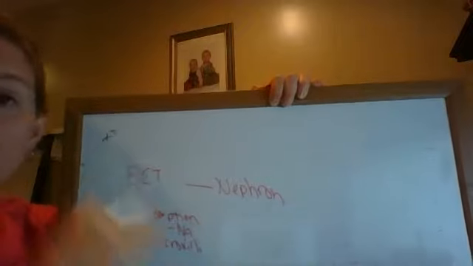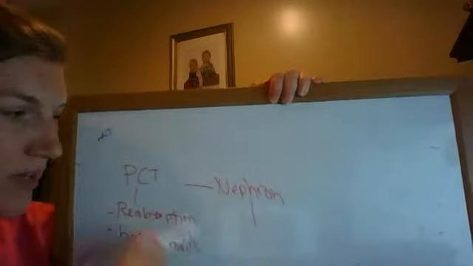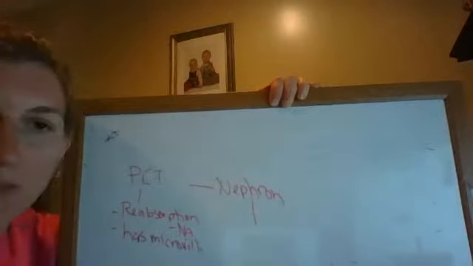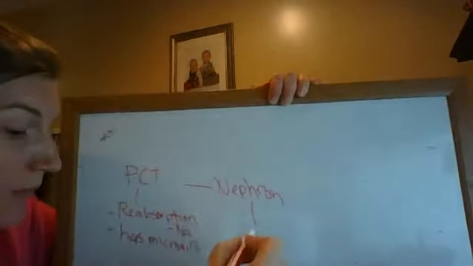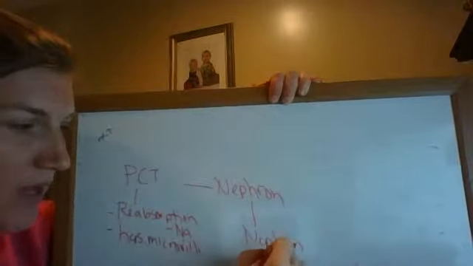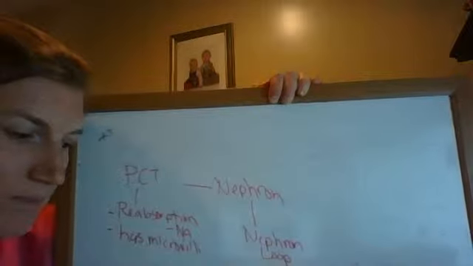So the next stop on the tour of the nephron, and I'm just going to go counterclockwise like this through the nephron. Doesn't really make sense why I did it like that. I just picked that way to do it. So we have the nephron loop, or the loop of Henle as they are sometimes called.